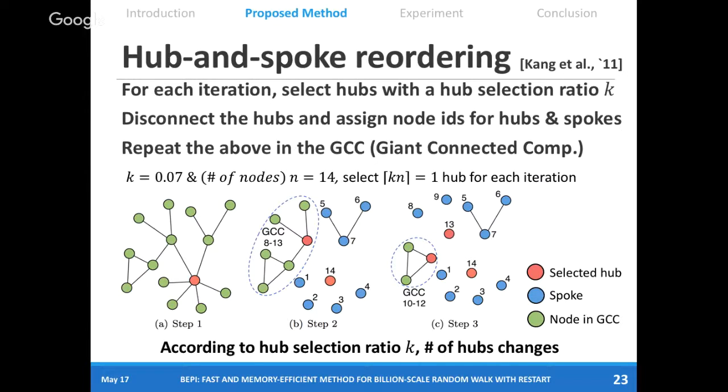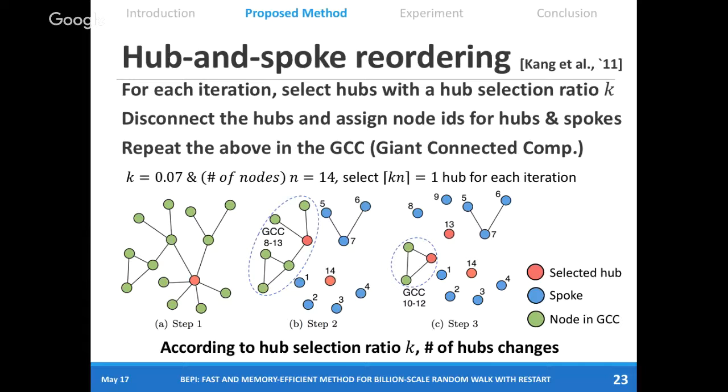In each iteration, the method selects hubs with a hub selection ratio k. The method disconnects the selected hubs and assigns node IDs to hubs and spokes. And the method repeats the above procedure in the next GCC, which is the giant connected component.